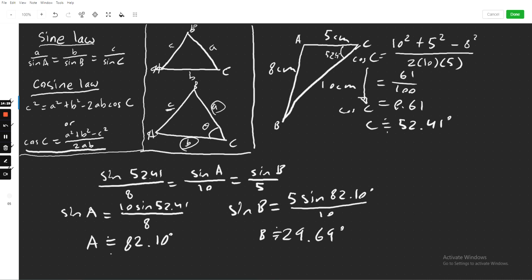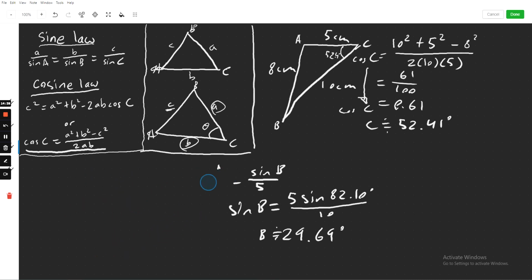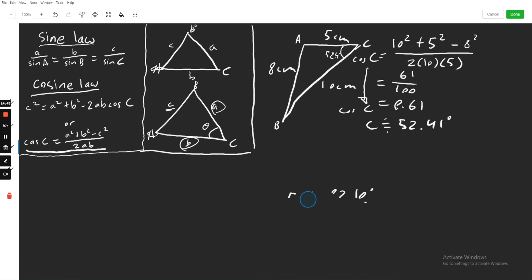Now we can move on to another one, which is a slightly different case. In the example I will show you, we will have two known sides and the known angle measure in between those two sides.